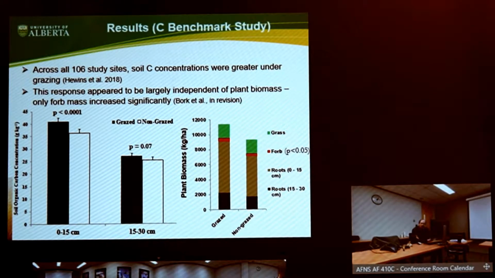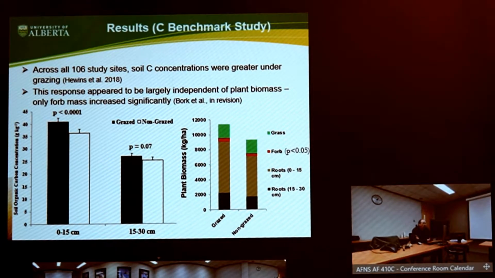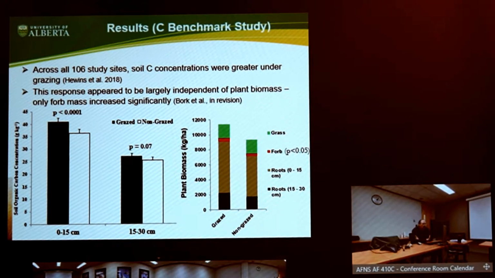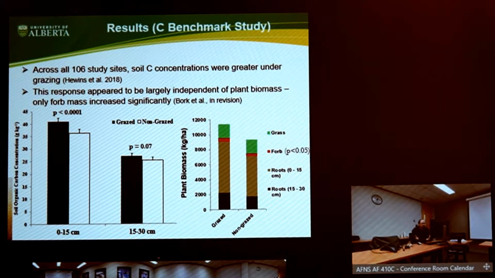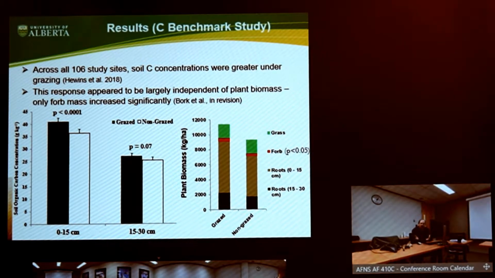So if we look at the Alberta benchmarking study site, the first thing that we noticed when we looked at soil organic carbon, across our 106 study sites, is that our grazed areas were actually higher in soil carbon concentration, particularly in the top 15 centimeters. And this response appeared to be largely independent of plant biomass.